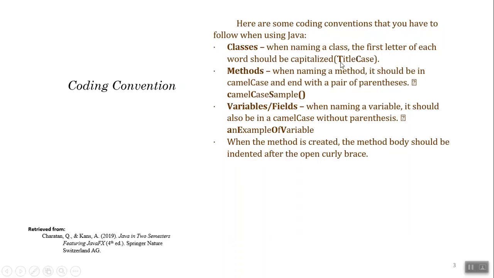The first letter in title is capitalized, and also the first letter in case, which is C. For methods, or behaviors, the name should be in camel case and end with a pair of parentheses, something like this: camel case sample. The first letter of the first word is small, the first letter of the rest of the words is capitalized, and it ends with a parenthesis.